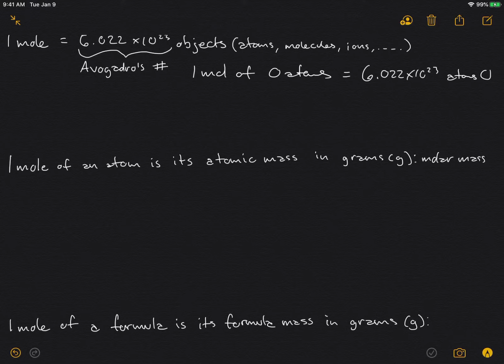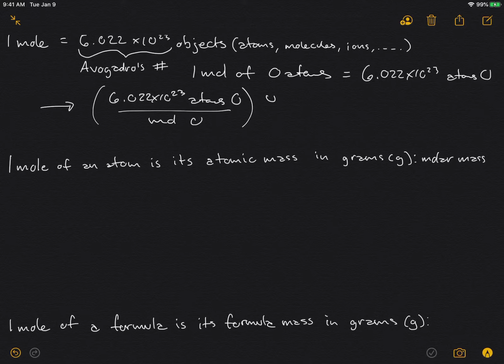And the way that we use this is as a unit conversion factor. So another way to write this is 6.022 times 10 to the 23, Avogadro's number, atoms of oxygen per mole. And we'll use that as a unit conversion factor if we want to convert between moles and atoms.